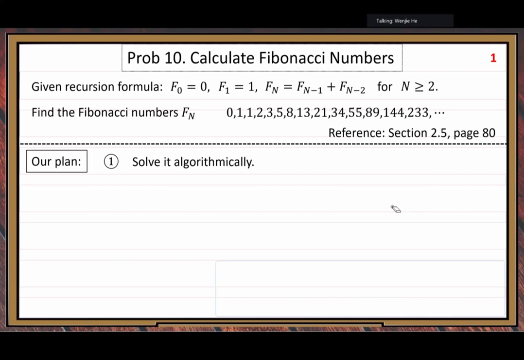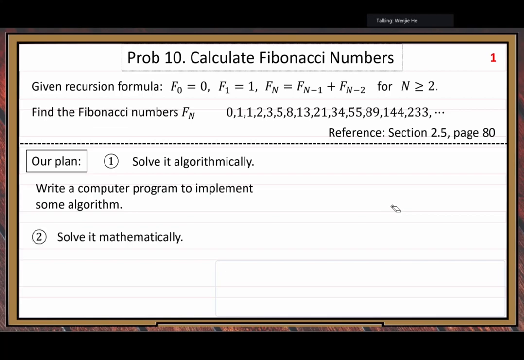But there is a second way: solve it mathematically, because this equation is so simple. Can we solve it mathematically? Mathematically means we can find a formula for this. For any Fibonacci number, we can find a math formula for it. Derive a formula.